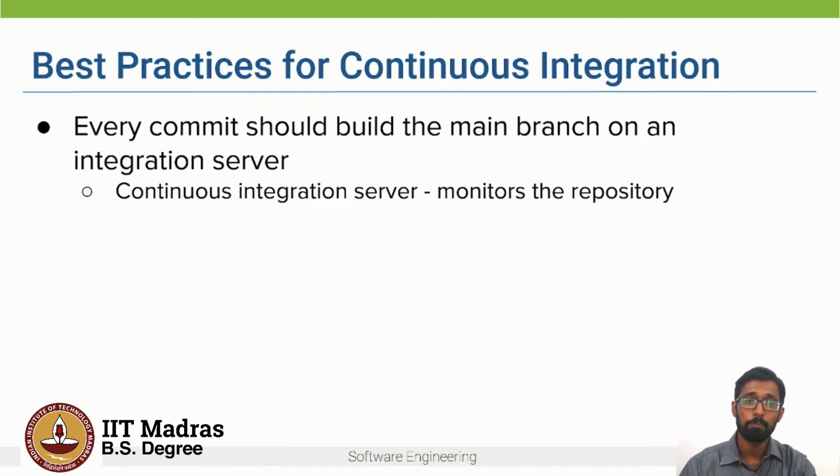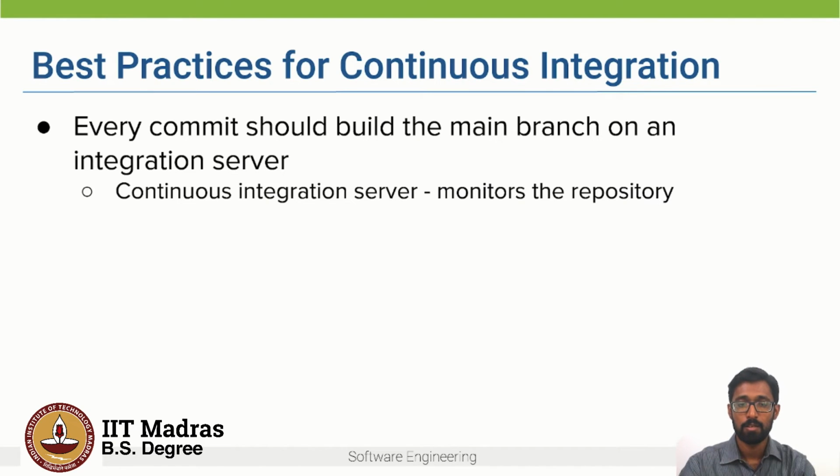Now, another important practice is that each and every commit should automatically build the main branch on the integration server. As we saw, the continuous integration server monitors the repository.